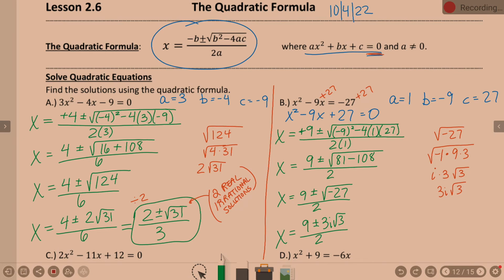Okay. 9, 3, and 2. Do they have something they all divide by? No, they don't. So I would just leave it like this. I can't go any farther, so we're going to stop there.